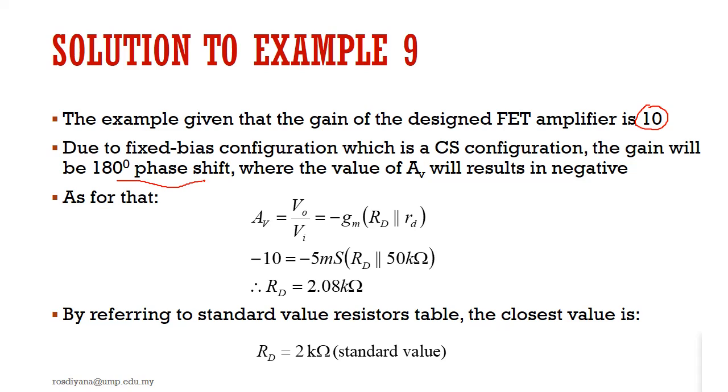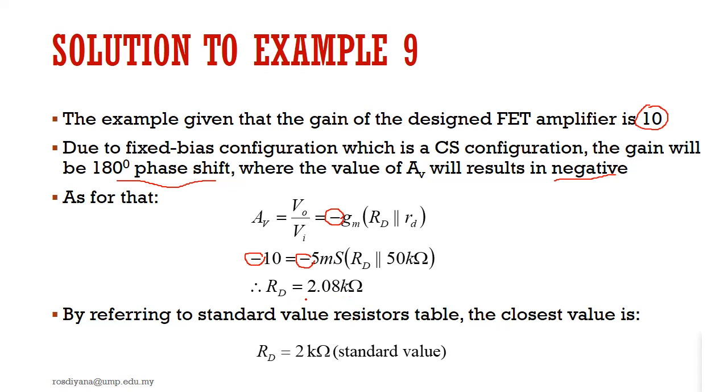This means that there is a negative sign for the voltage gain. So when you insert this 10, remember to include the negative sign. Insert negative 10 in the voltage gain equation, then insert all the values that we have calculated before.